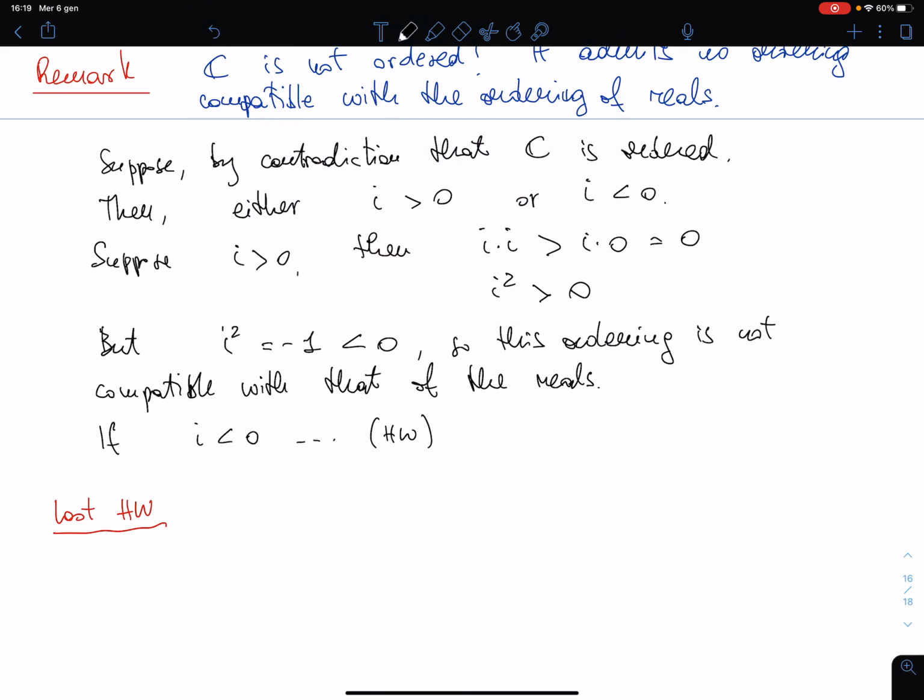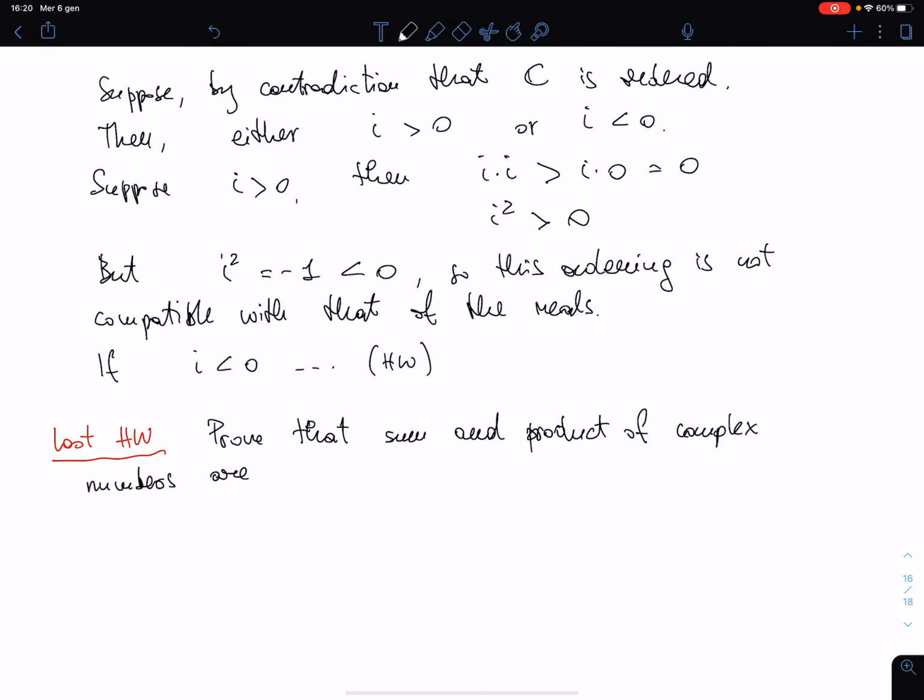Prove that sum and product of complex numbers are commutative, associative, and distributive, one with respect to the other.